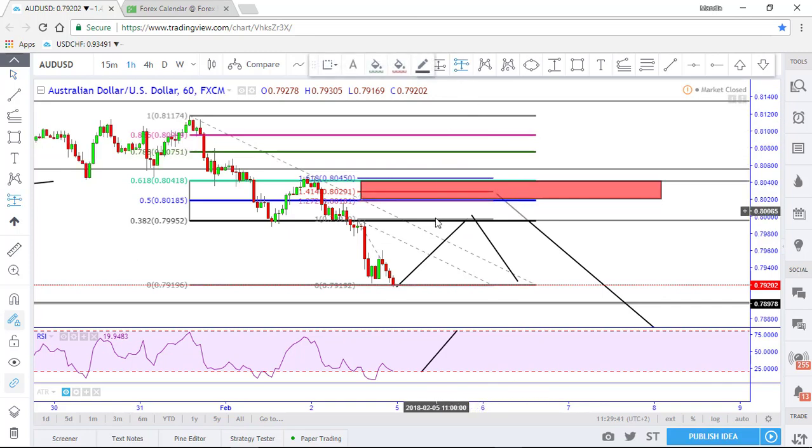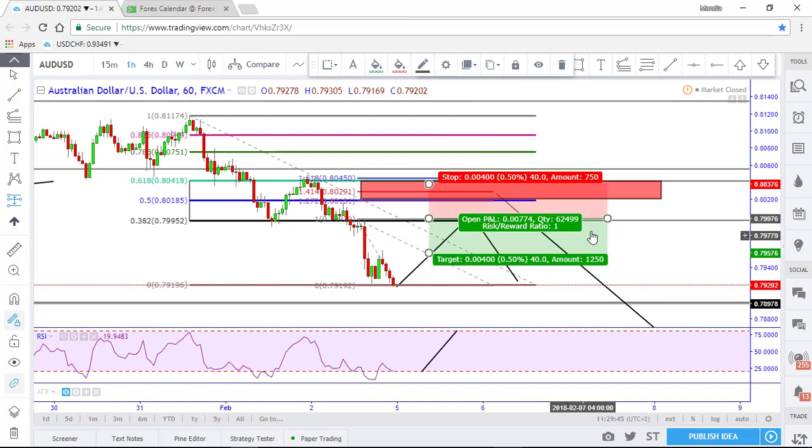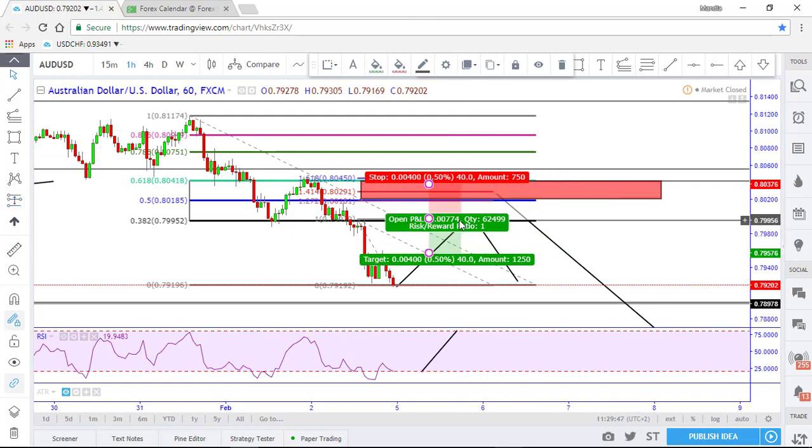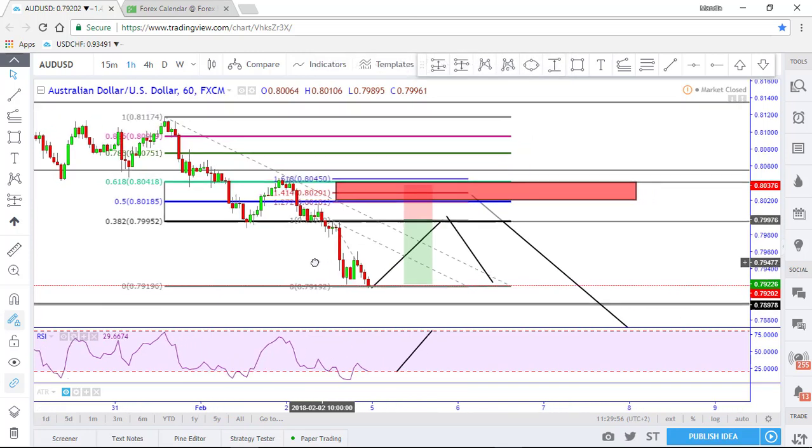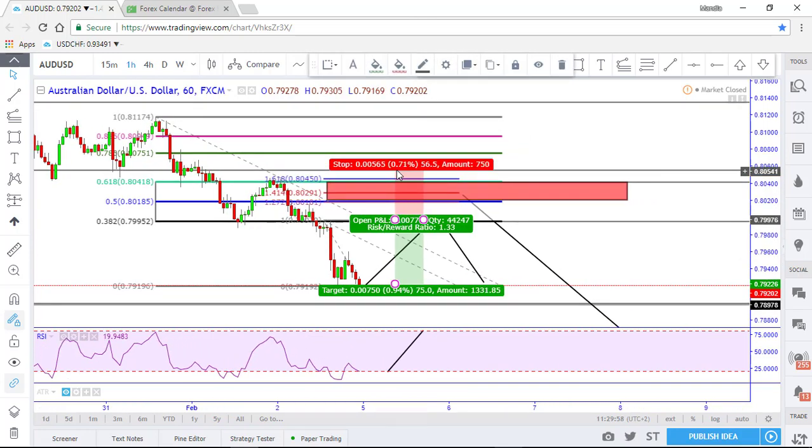So as we compare the risk to reward on both scenarios, you would notice that if you want to short at that 382 retracement, your target would go to these current lows right here, and your stops would have to be 10 pips above those highs. So you would be risking 60 pips for 75 pips.